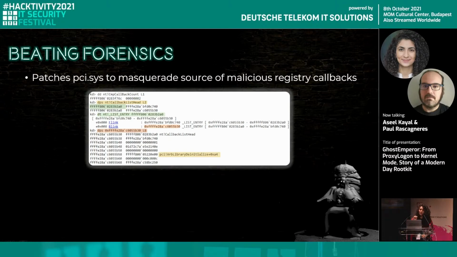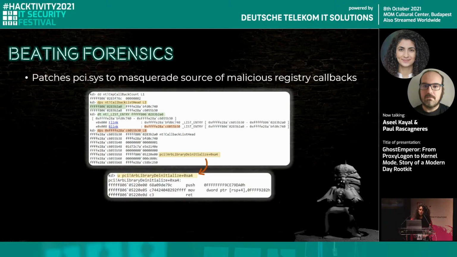If we look at that registry callback in kernel space, we can see that it looks as if it's originating from a legitimate driver, PCI.sys. But looking into the function itself, at the code, we can really see that the code is just diverting the execution to the malicious registry callback. So the code of this driver was patched to hide, again, where the invocation is coming from.